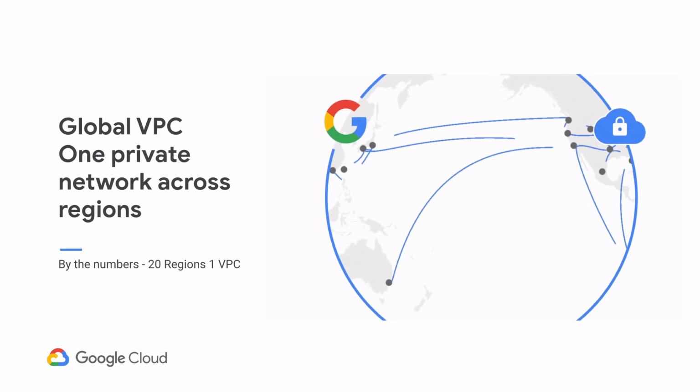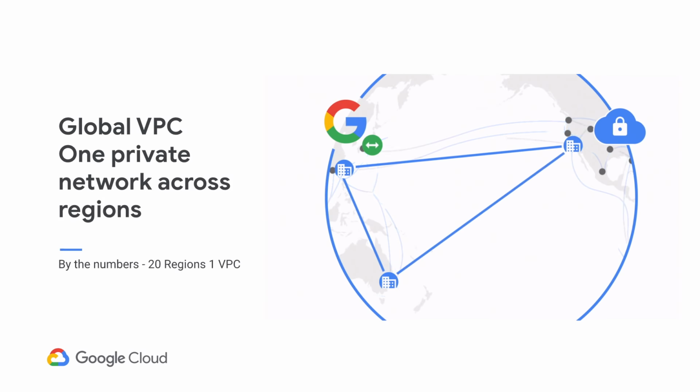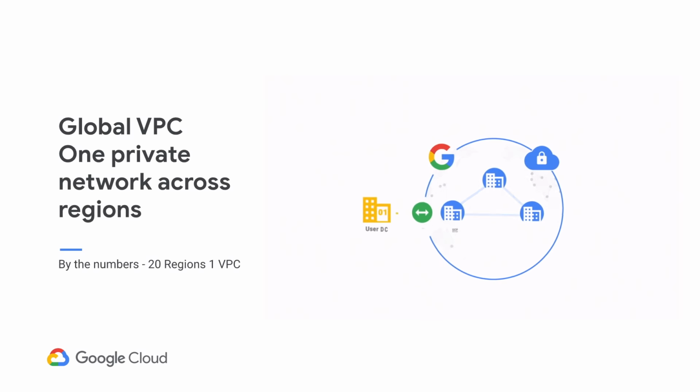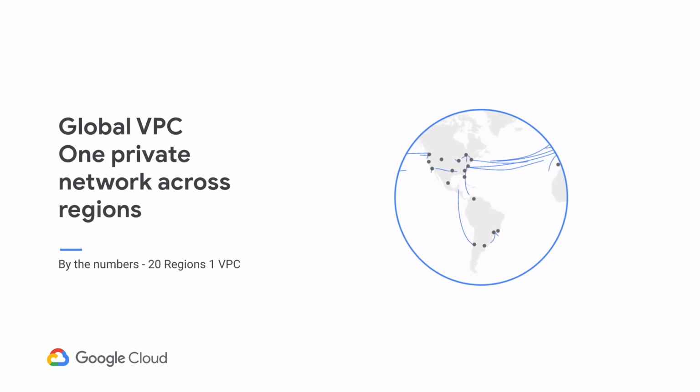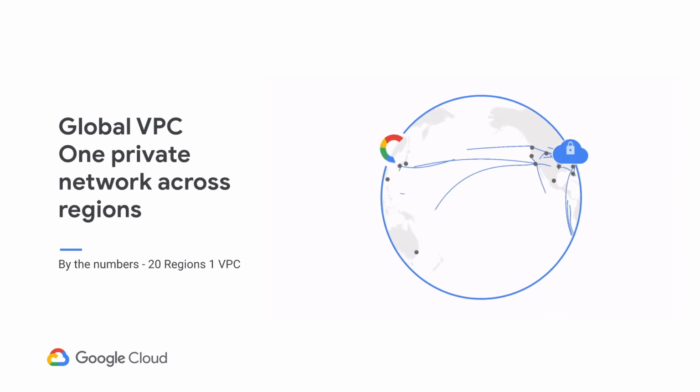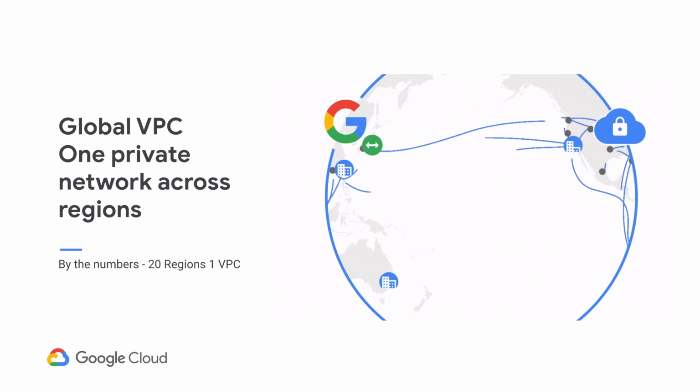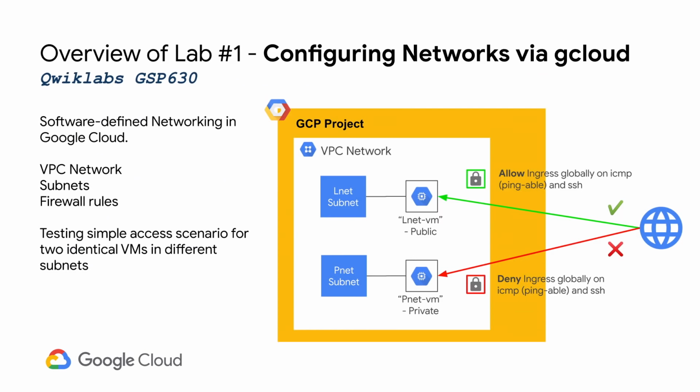So you have a lot of options on where you want to put your VMs, or your clusters of VMs that work together to form the part of your software or service that you in turn externalize to your customers and partners. In fact, the first lab that we're going to do very shortly is I'm going to show you how to quickly create a software-defined VPC network with firewalls set up with 2 VMs.